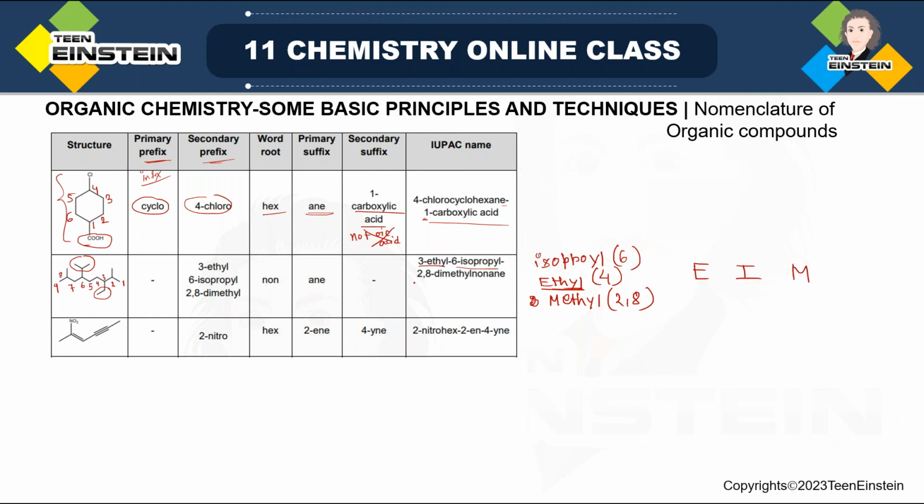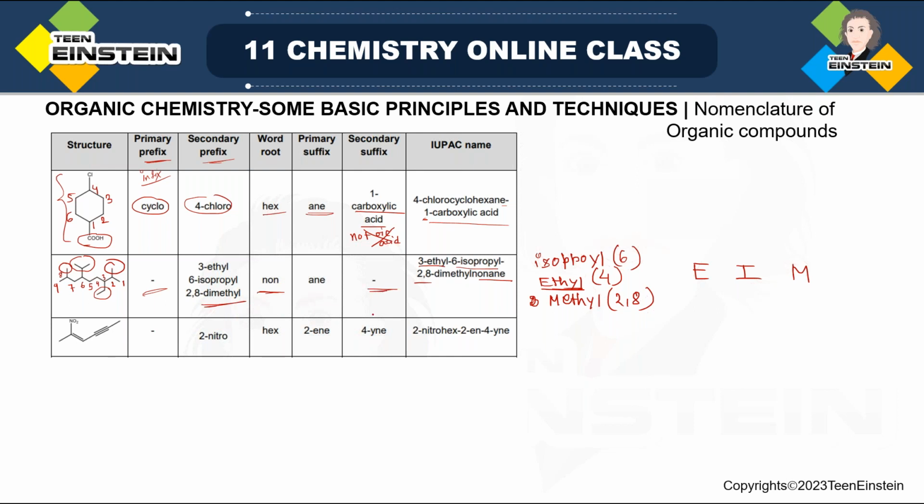And methyl groups, 2 methyl groups at 2 position and at 8 position. So 2,8-dimethylnonene, because there are total 9 carbons. So here the word root is non, we do not have any primary prefix because it is not cyclic, but we have a secondary prefix which is for substituents.